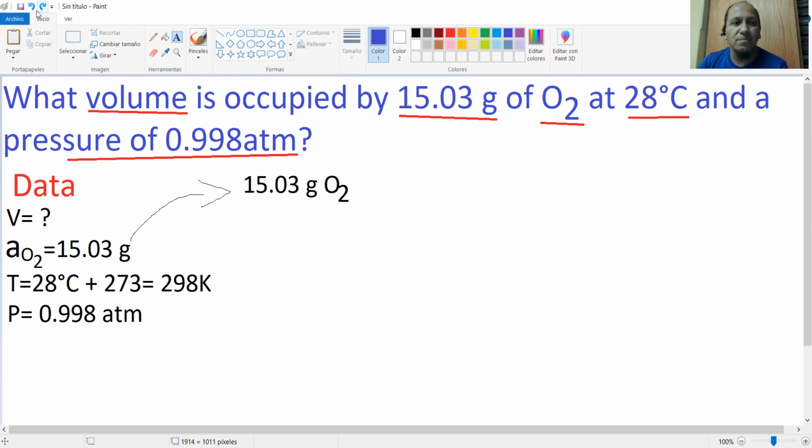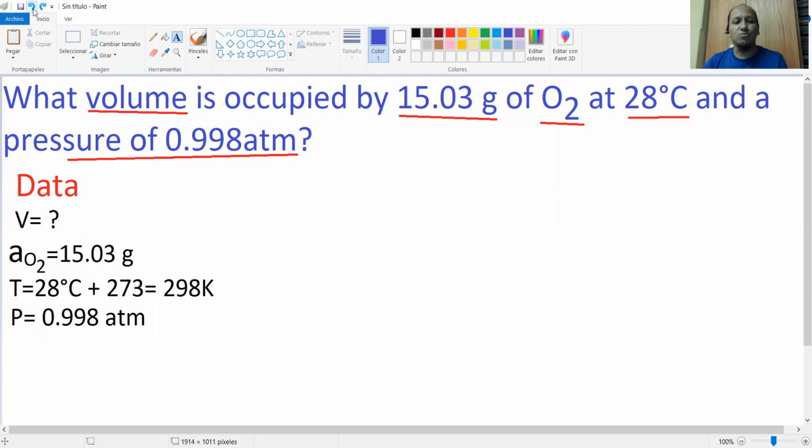Let's just have those data. We're not talking about initial and final states. We're just talking about what would happen in this moment, at this temperature, at this pressure, and what volume this gas is going to occupy. Simple as that.